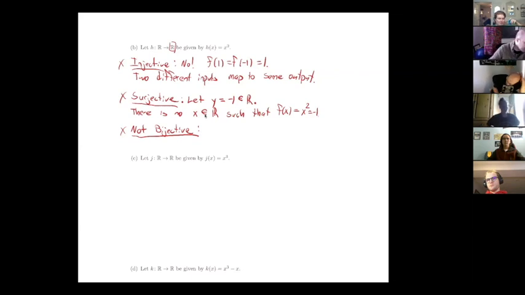So for example, this one, right? Here's the graph of h of x is x squared. And so the vertical line test tells us whether we have a function. We draw a vertical line through. We make sure we intersect only once. Horizontal line test can be used for injectiveness.